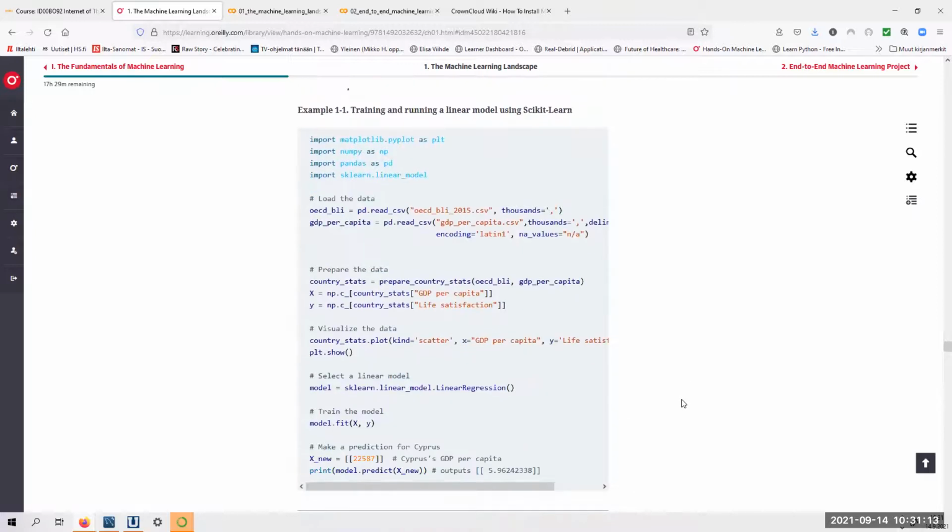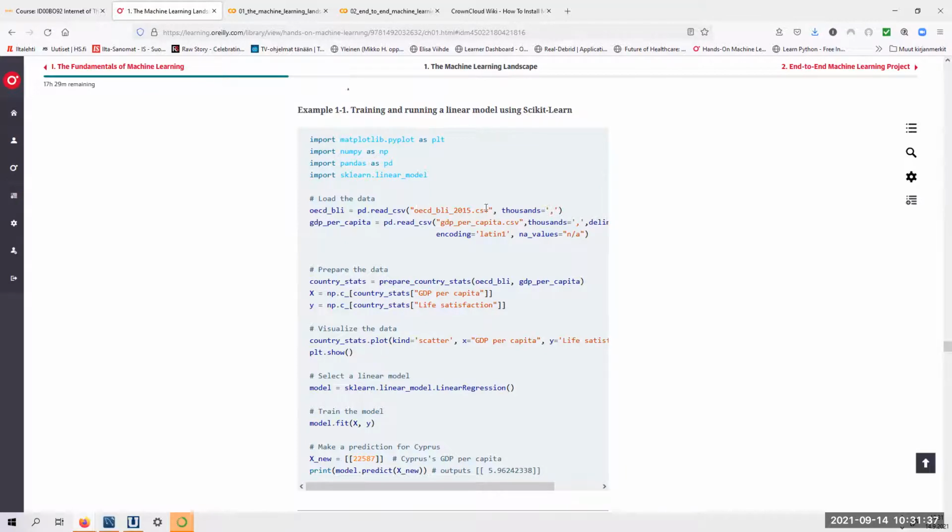Okay, here is the Python script using this scikit-learn package. Here is the data loading into these variables or vectors.